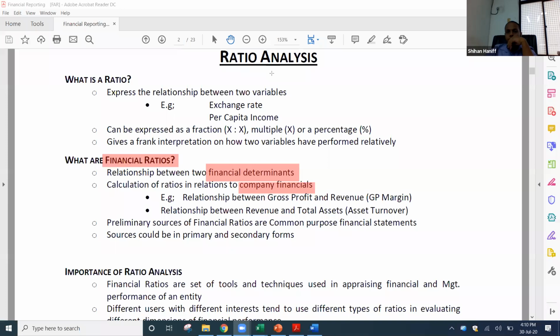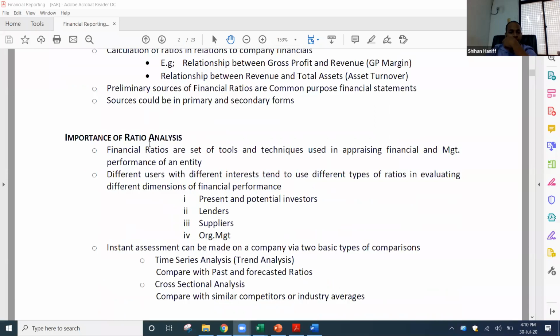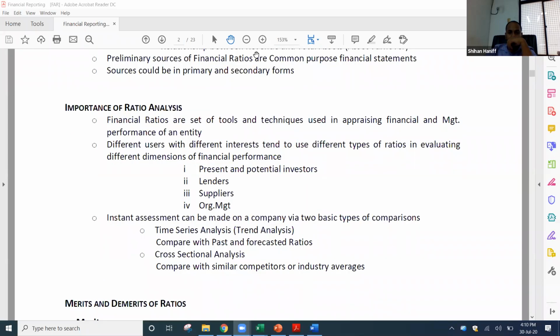And we need to know why ratio analysis is important. The importance of ratios. Why it is important. Right? So from the ratio analysis, we can see the performance of the business. How has the business performed?